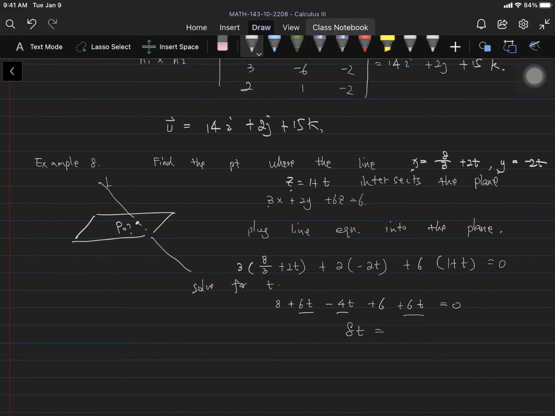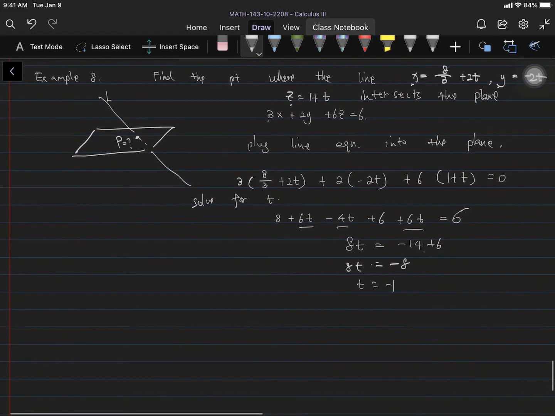Move the constant to the right side. Did I make any mistake? Oh, the right side is 6. I'm sorry, it's 6 actually, so it should be -8. So 8t equals -8, t equals -1.